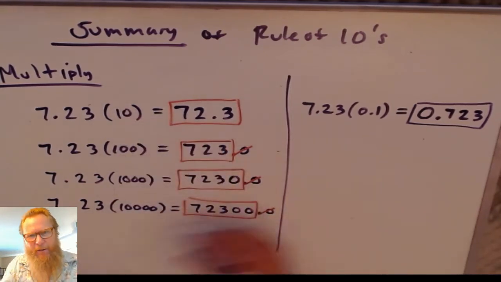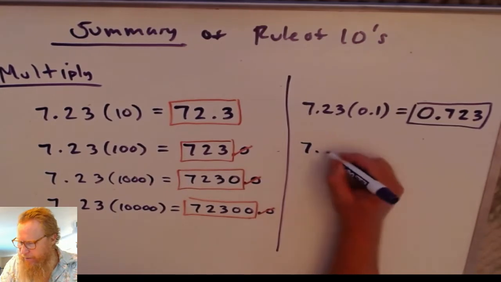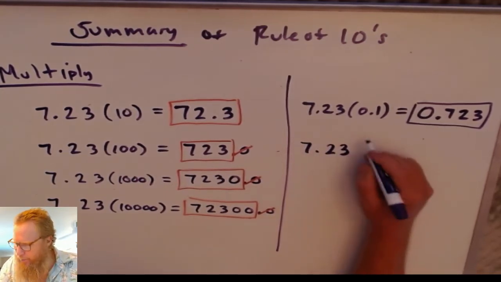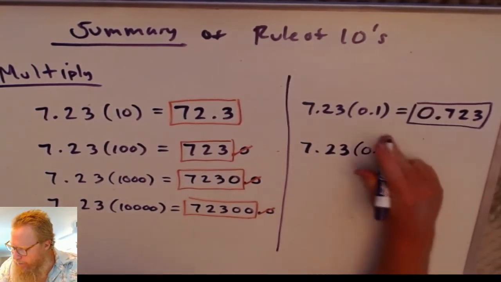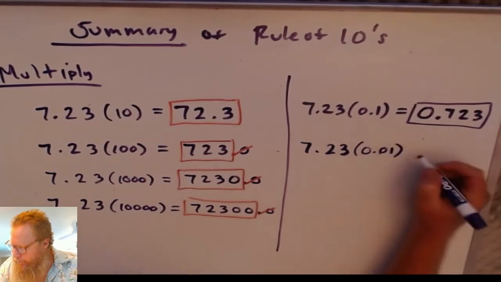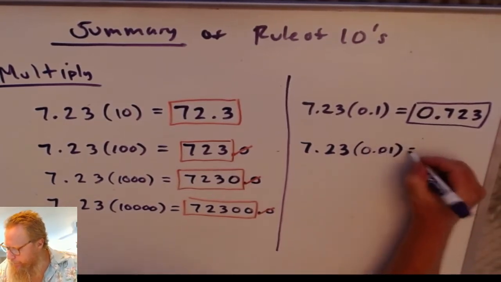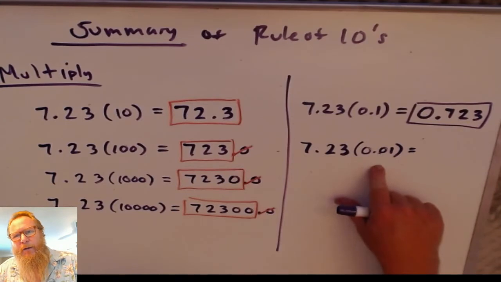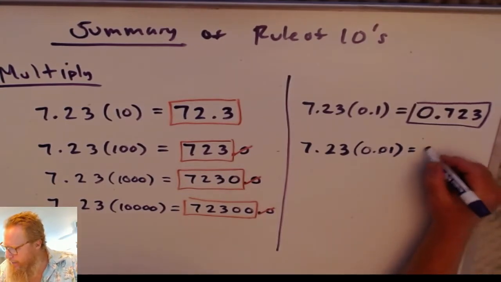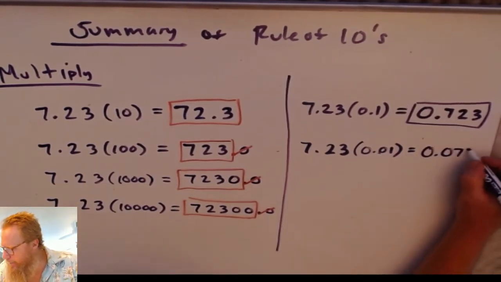And I can do all the various powers of 10 that are very small. 7.23 times 1/100th. So that would be 0.0723.